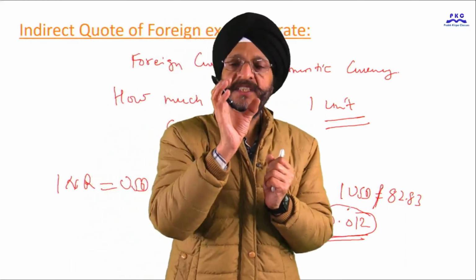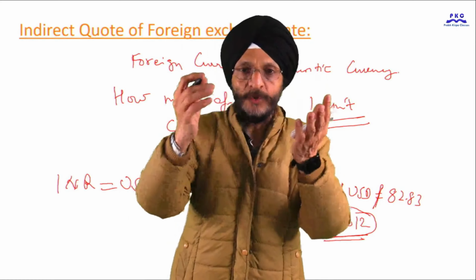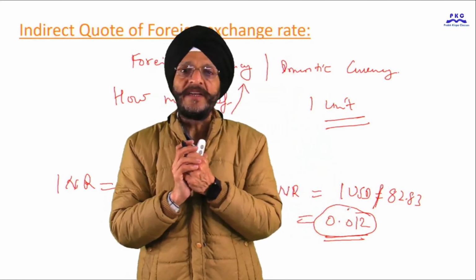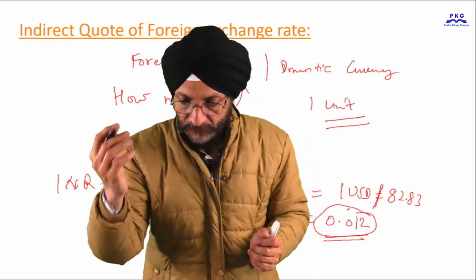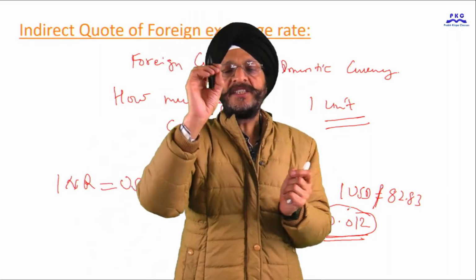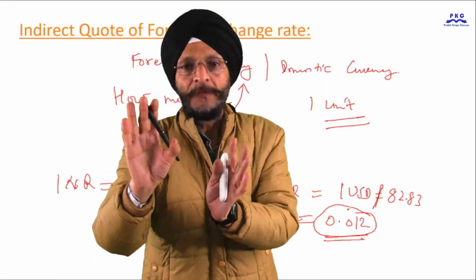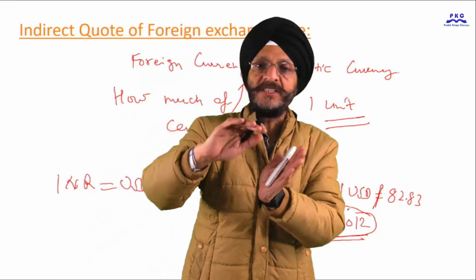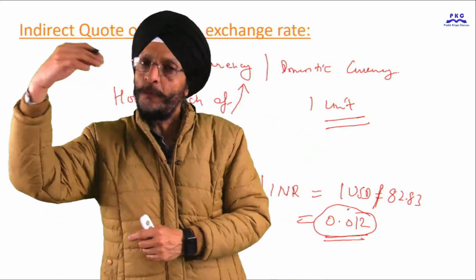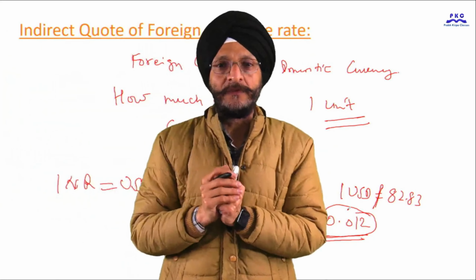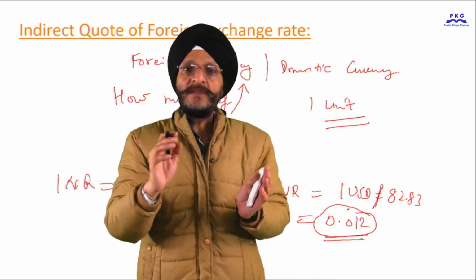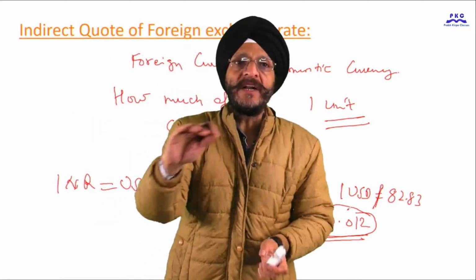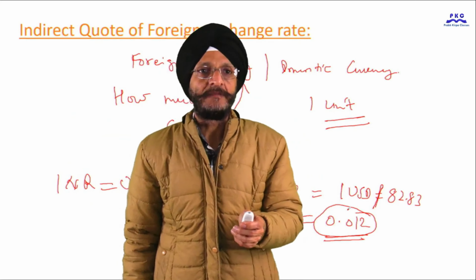Because it is easy for a person to understand. Suppose we want to purchase the Canadian dollar. We will say that we will have to pay 61.04 Indian rupees to purchase 1 Canadian dollar. So it is a direct quote. Normally, we people use the direct quote of the foreign exchange rate.